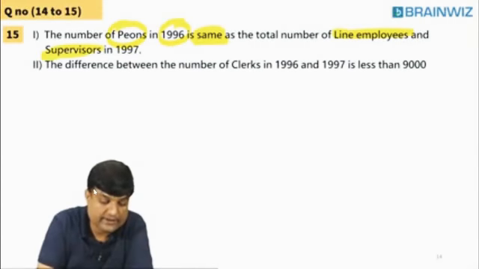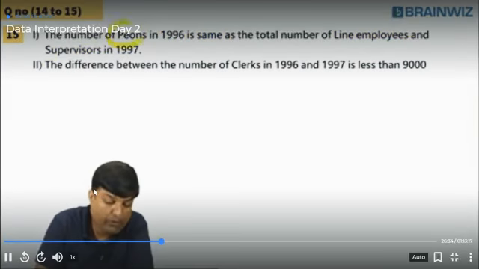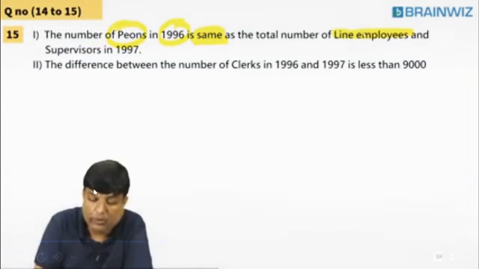Employees and the supervisors in the year 1997. Following everybody, guys? Is the number of peons in the year 1996 the same as the number of line employees and the supervisors in the year 1997?